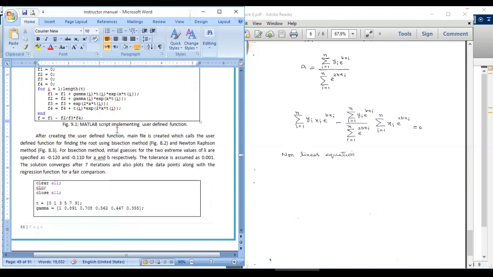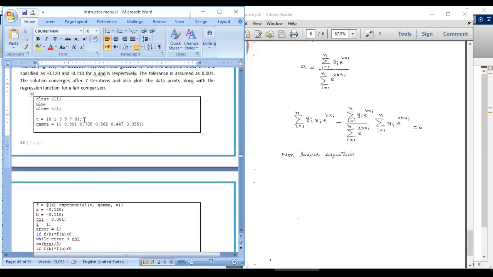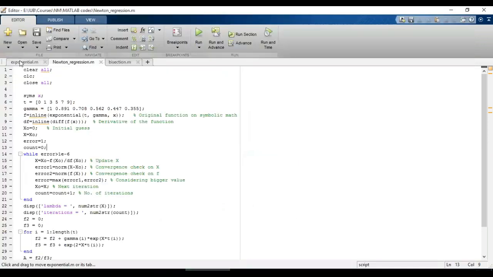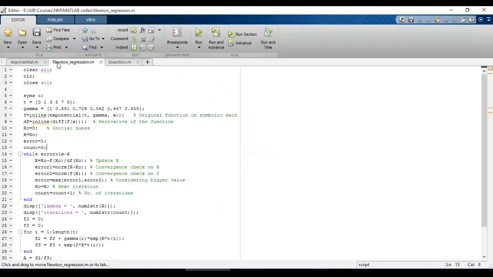Now I will use this function m file in the separate main file, and this main file will use either the Newton-Raphson method or the bisection method to calculate the values of this b and a after some iterations. So this is our MATLAB script, and this is the first function m file that I have already discussed. And in the first case, I will use the Newton-Raphson method to solve this nonlinear equation.